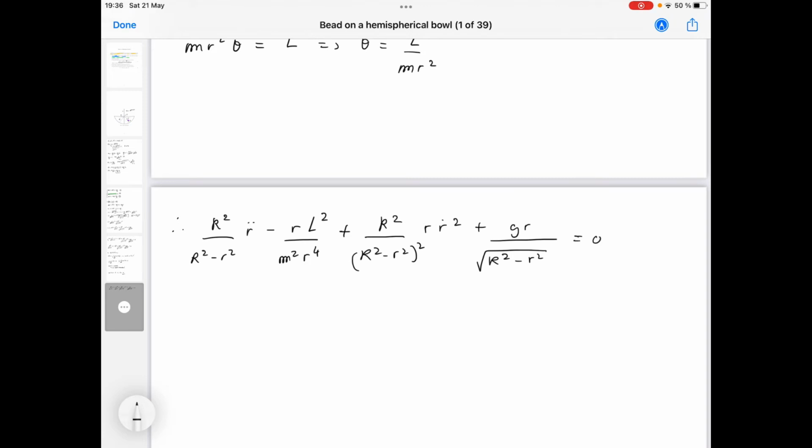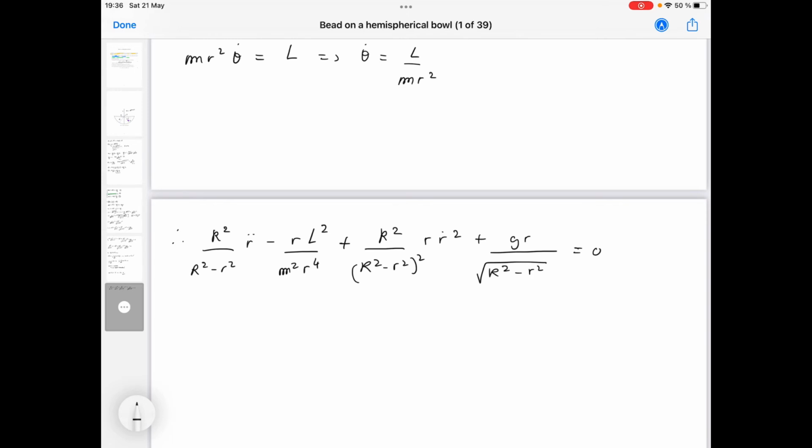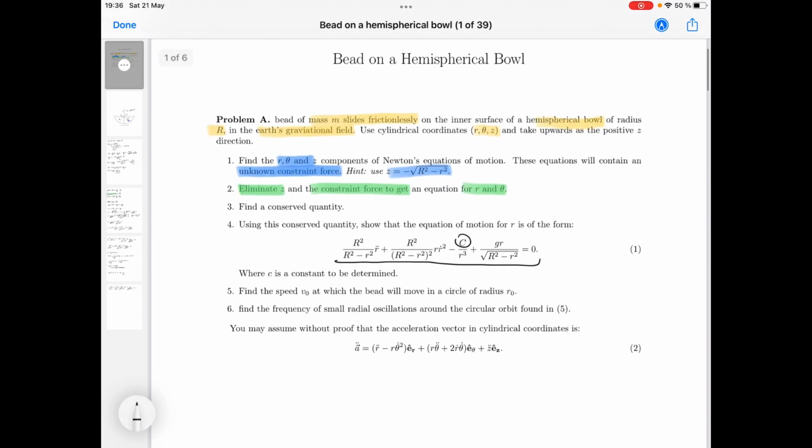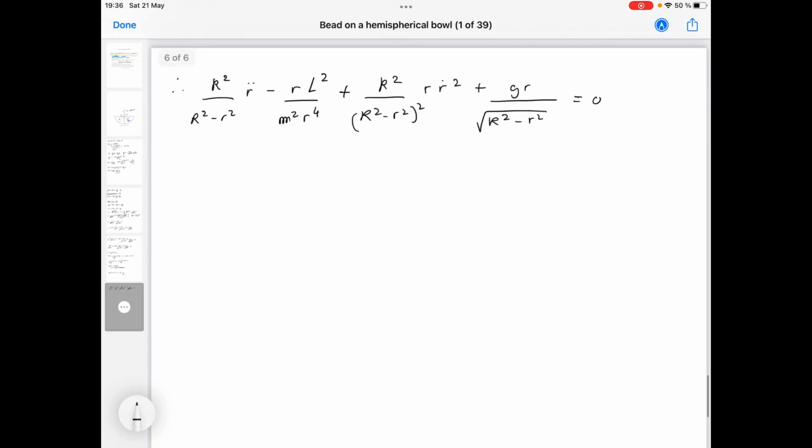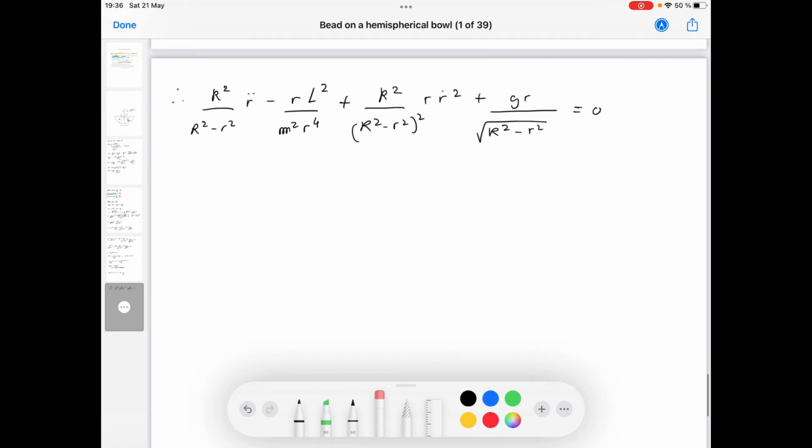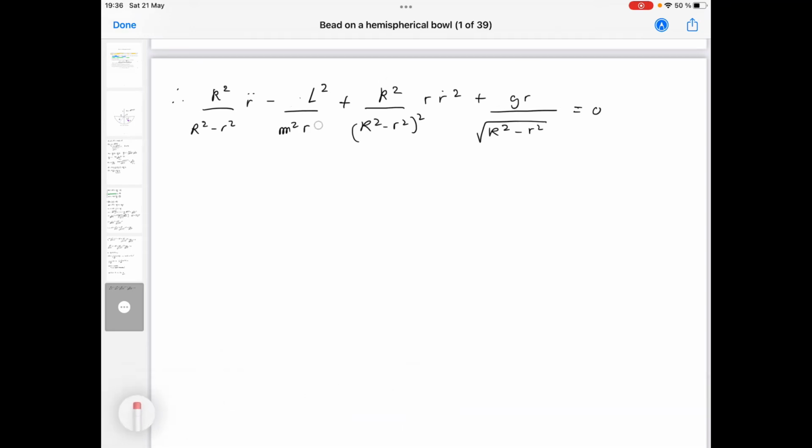And if we go back and look at what they give us, we see that we get exactly something of the form, right? In fact, what we can do is just remove this r and turn this into an r cubed, and we see that c equals L squared over m squared.